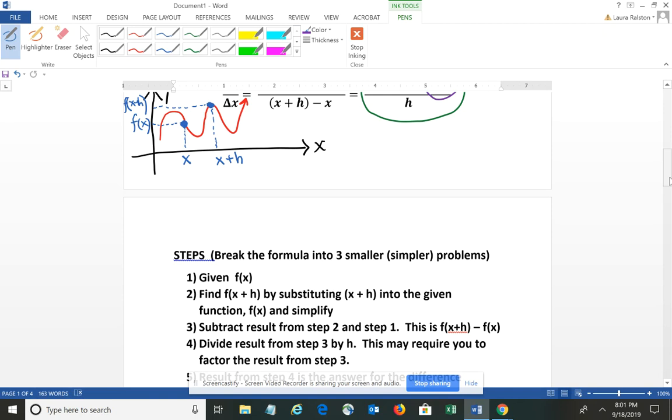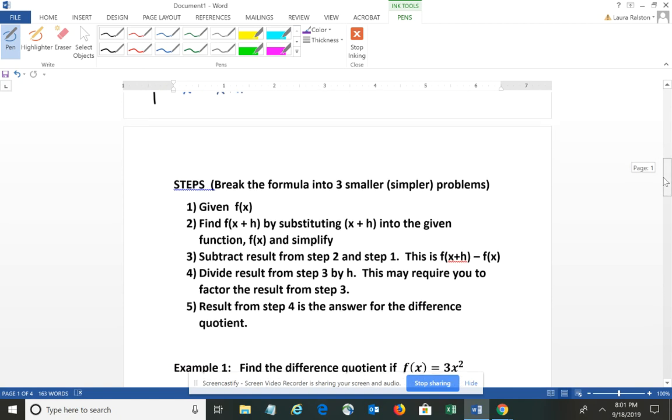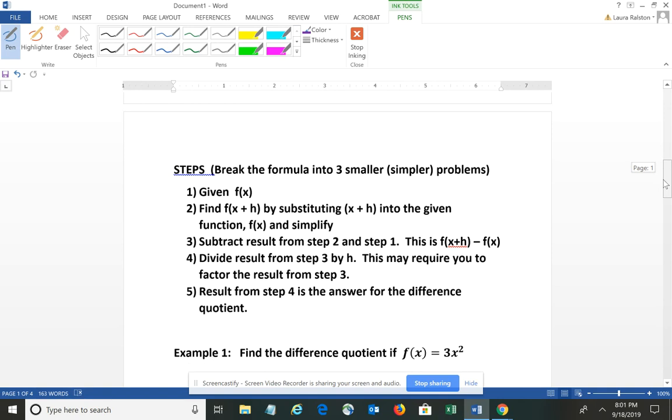So we need to subtract those, by combining or subtracting like terms. Once we get that result, we may have to do some factoring, but we ultimately need to divide it by h. And the answer that you get then is the difference quotient.